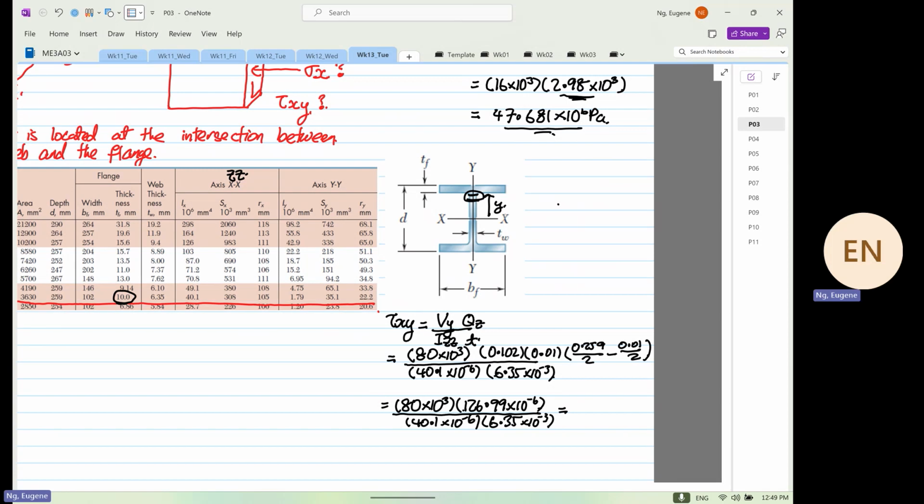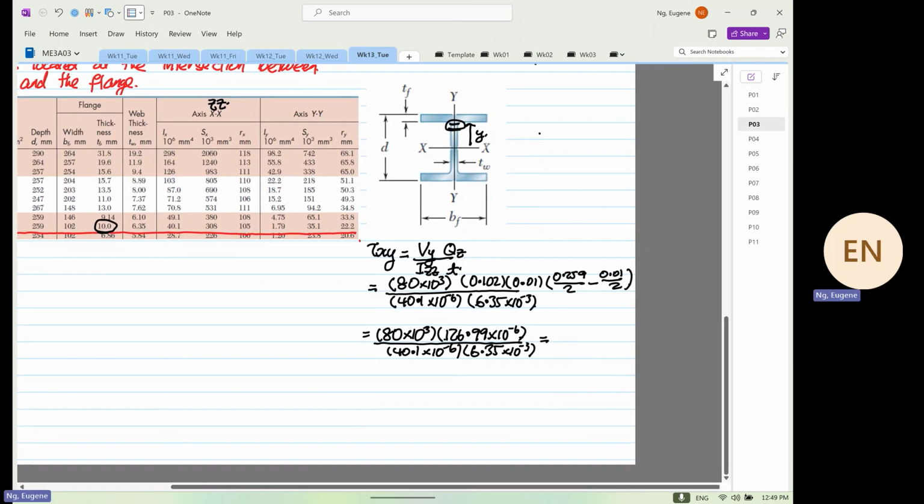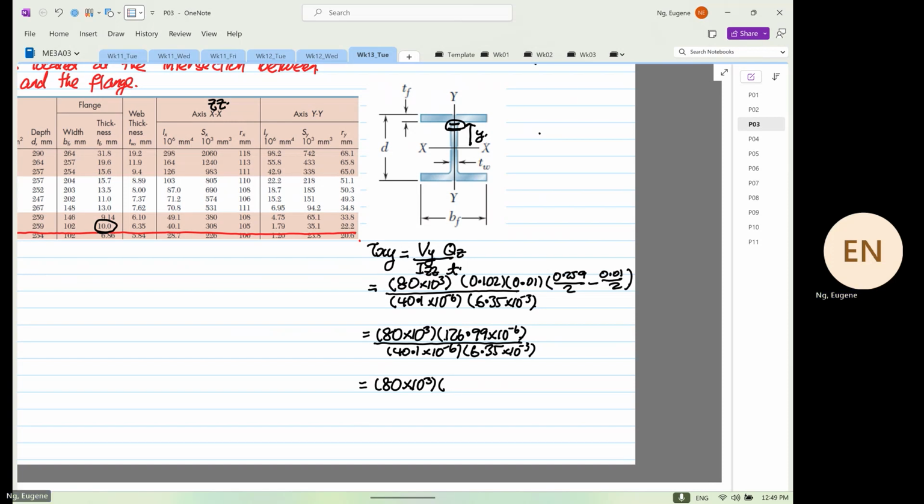Okay. Let me do it again. 0.259 divided by 2 minus 0.01 divided by 2 times by 0.01 times by 0.102, 126.99. So this will be equal to 80 times 10 to the power 3 multiplied by 126.99 times 10 to the power minus 6, divided by 40.1 times 10 to the power minus 6, divided by 6.35 times 10 to the power minus 3. 498.714.